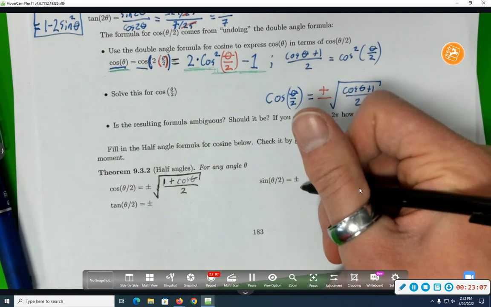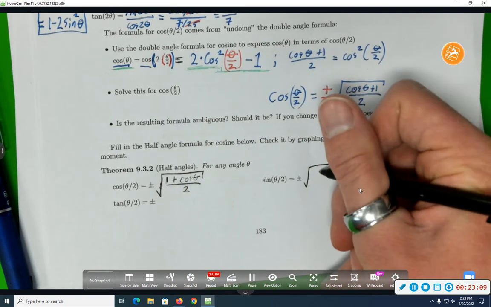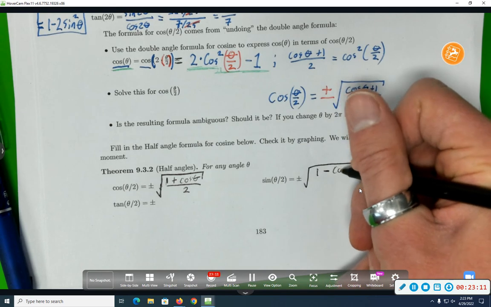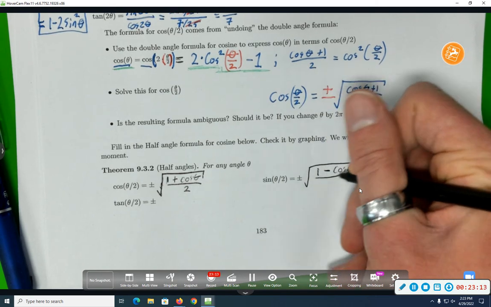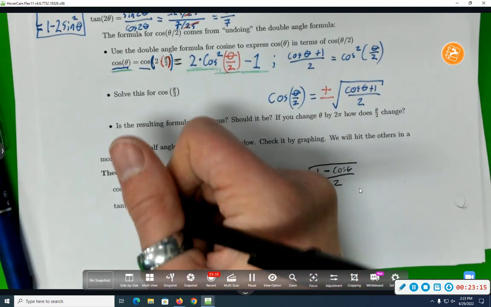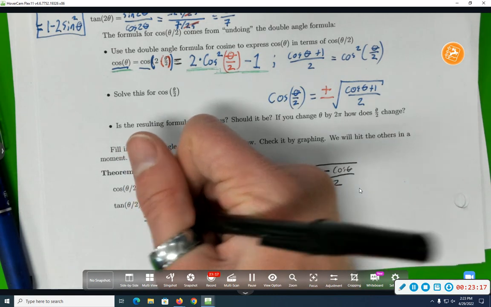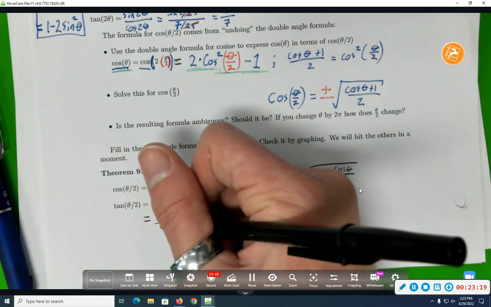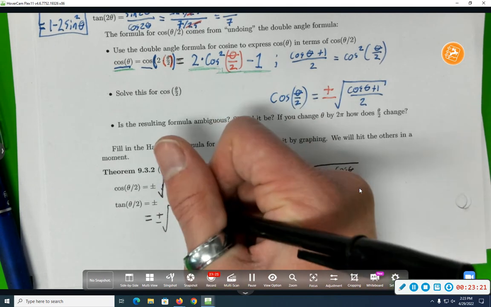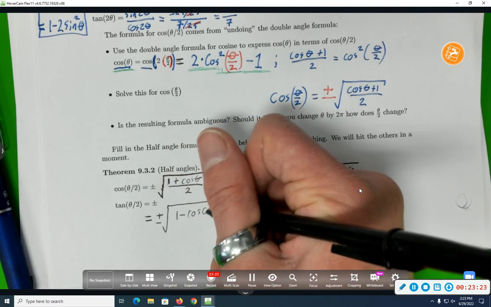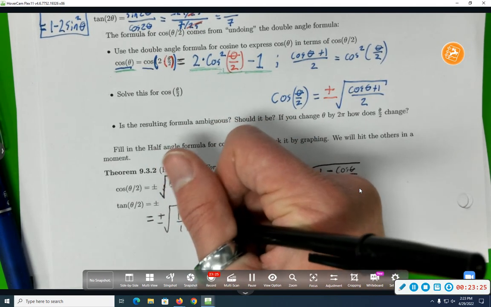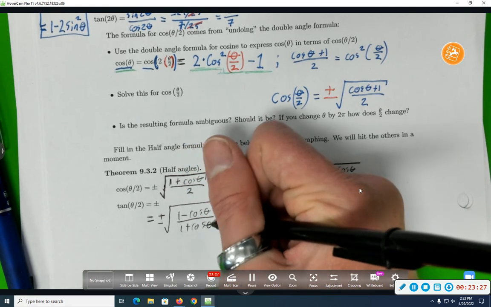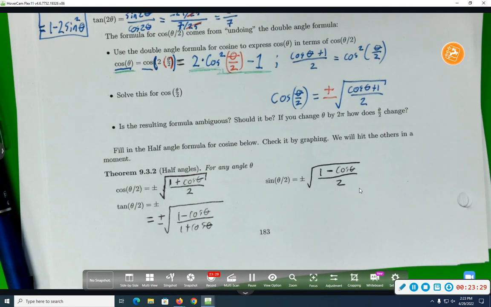Sine of theta over 2 is plus or minus the square root of 1 minus cosine theta all over 2. Tangent of theta over 2 is plus or minus the square root of 1 minus cosine of theta all over 1 plus cosine theta. Cool.